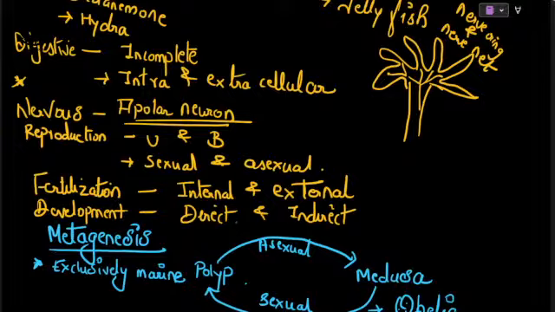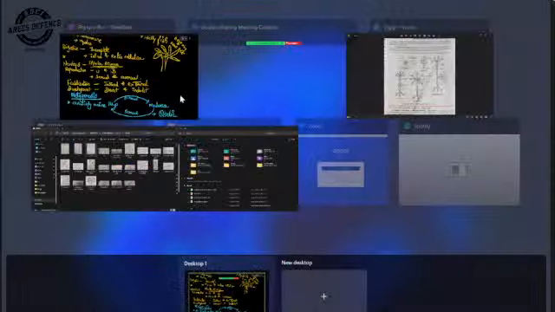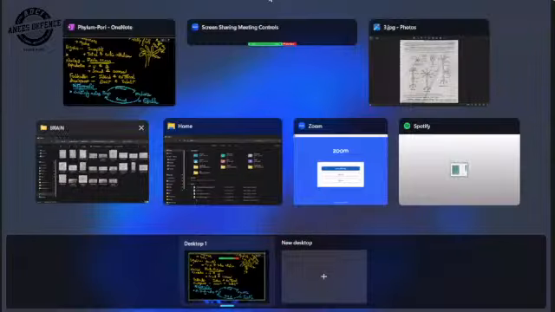What is nidoblast and nematocyst? Please see the diagram in your textbook. What is nidoblast?